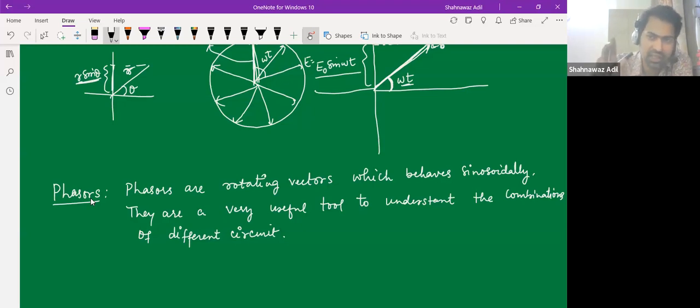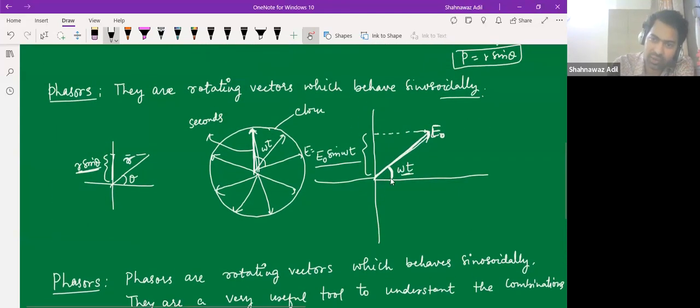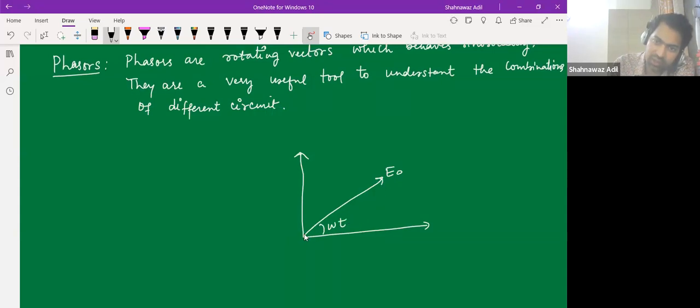Okay. These are rotating vectors. So let's say this one is E naught, and this is your omega t. And if I rotate this vector in this way, I have taken this vector and rotated it by 90 degrees.